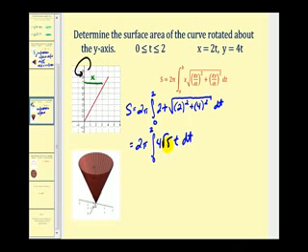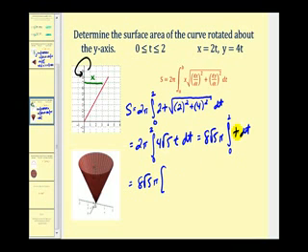Again, let's factor out the 4 square root 5. So we'll have 8 square root 5 pi times the definite integral from 0 to 2 of t dt. So we're going to have 8 square root 5 pi. The antiderivative of t is the same as last time, t squared over 2.